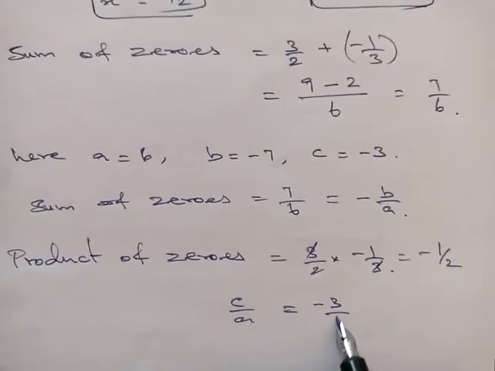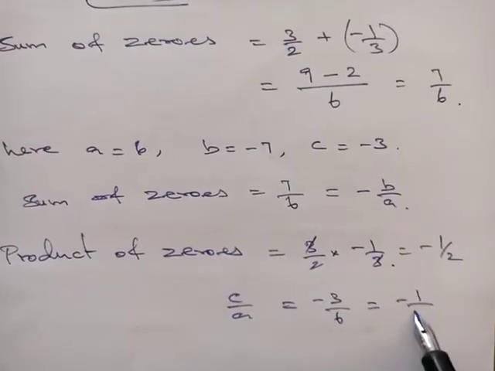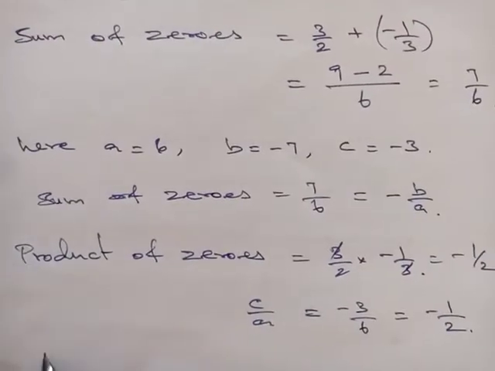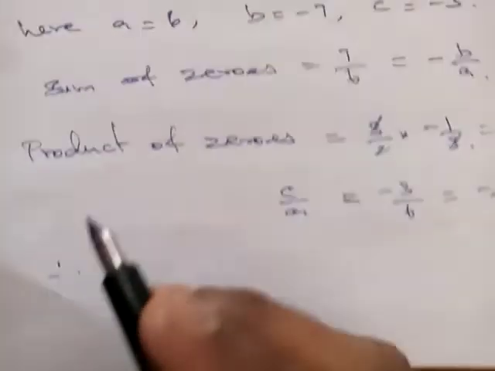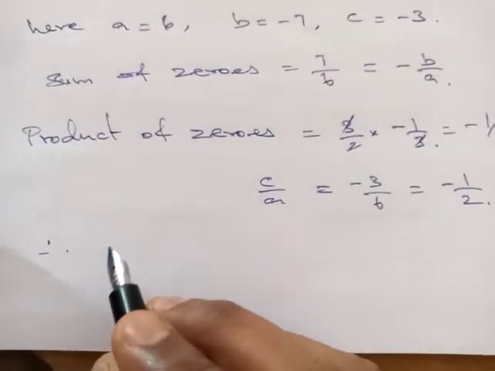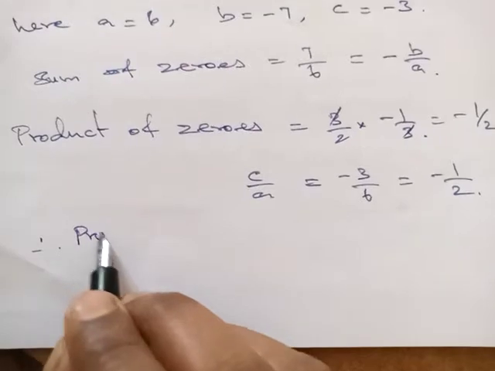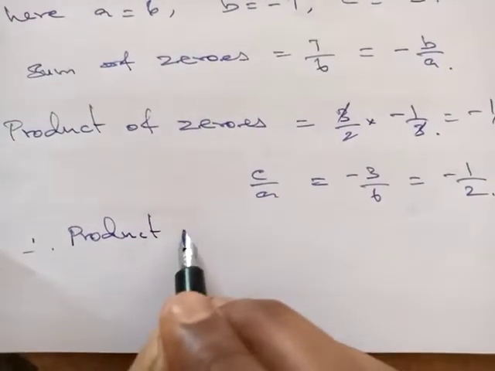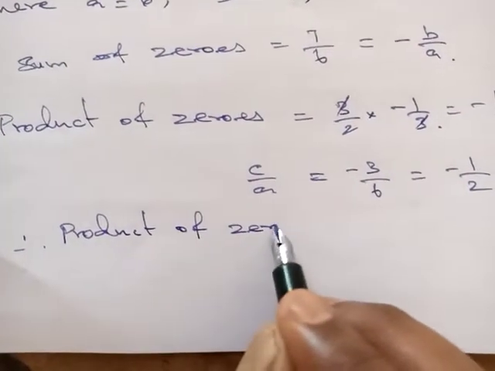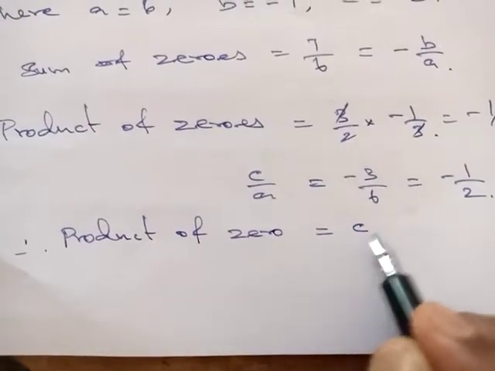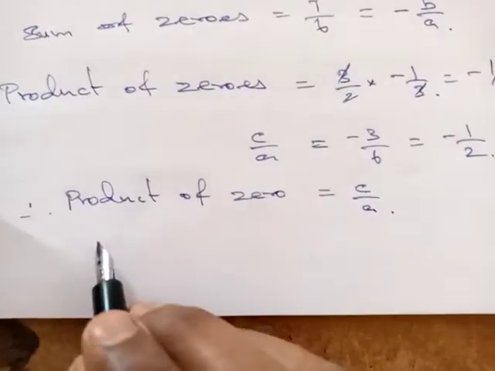So −3 divided by 6 is nothing but −1/2. Both are the same. Therefore, the product of zeros is c/a. Hence verified. That's all.